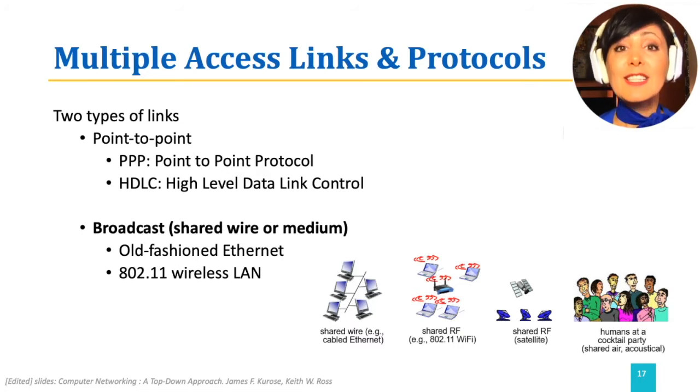Note that TV broadcast is one-sided, but when people are talking at a party, each of them can talk and each of them can hear. The same is true for the multiple access links. Each node can be a sender and each one of them can be a receiver. Multiple access is used in old-fashioned Ethernet, as well as your 802.11 wireless LAN or Wi-Fi.